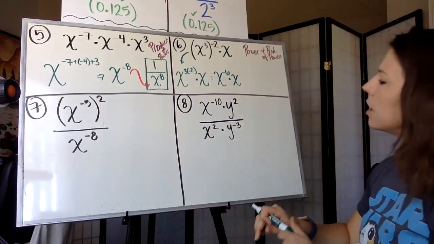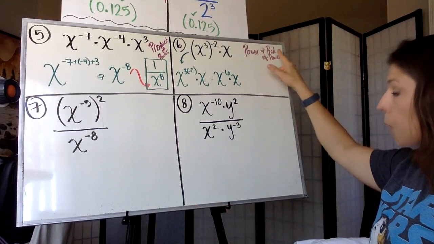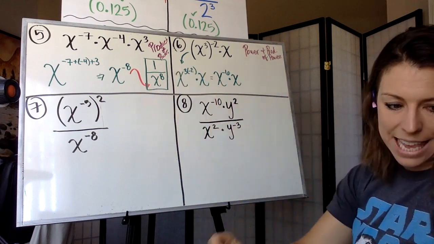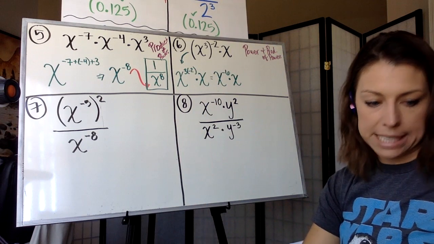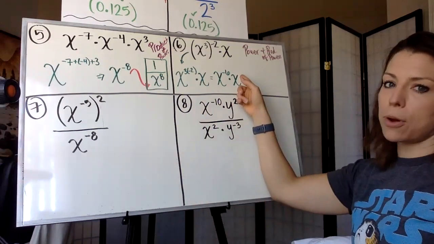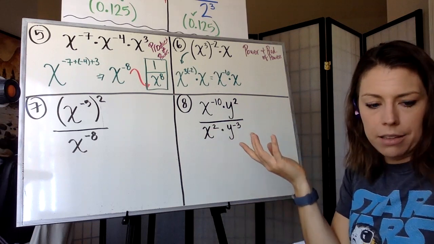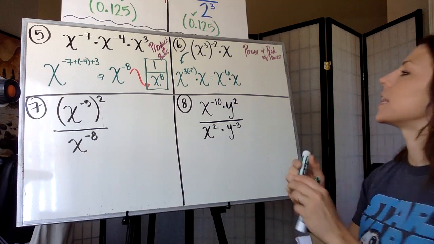Well, now that the power is gone, I'm looking at this as a product of powers. And what's the rule in product of powers? We add the exponents. But hold on, there's an exponent missing here. Do you see an exponent on this x? I don't. Does that mean that we don't add anything? No, there's a hidden exponent there.